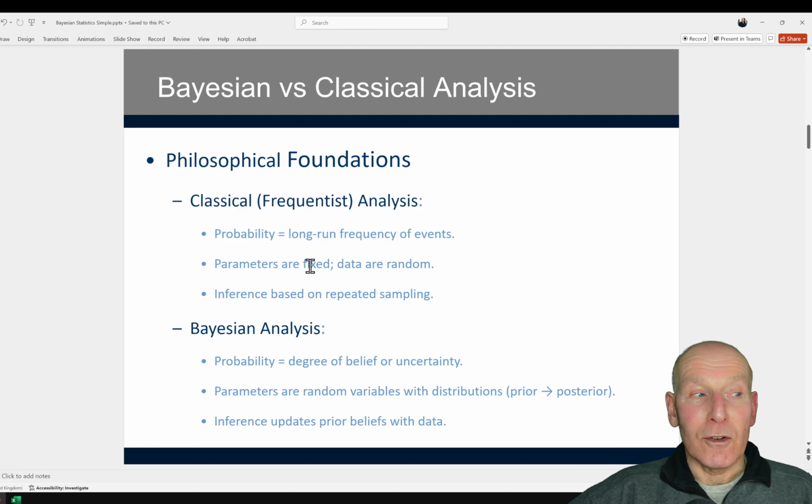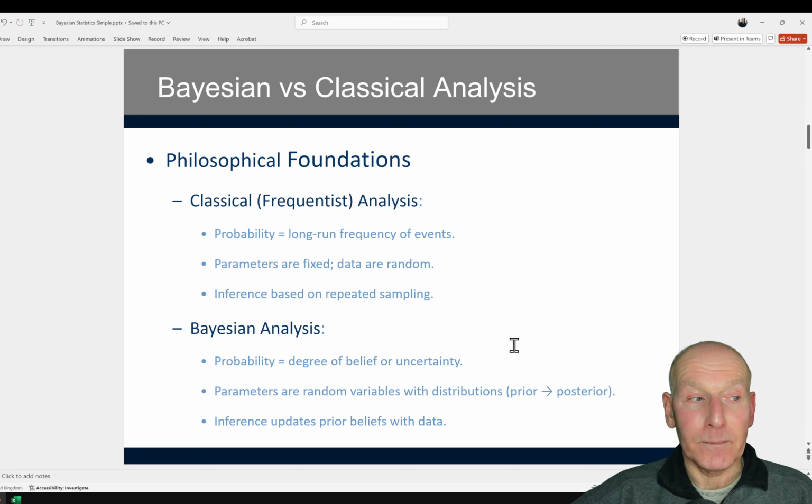These parameters are effectively thought of as fixed, and essentially the data that we sample is the random element. And the inference is based on this repeated sampling and really gives us an indication of whether or not the differences we're getting between the statistic and the parameter are due to sampling error, or there's actually an effect that you're seeing.